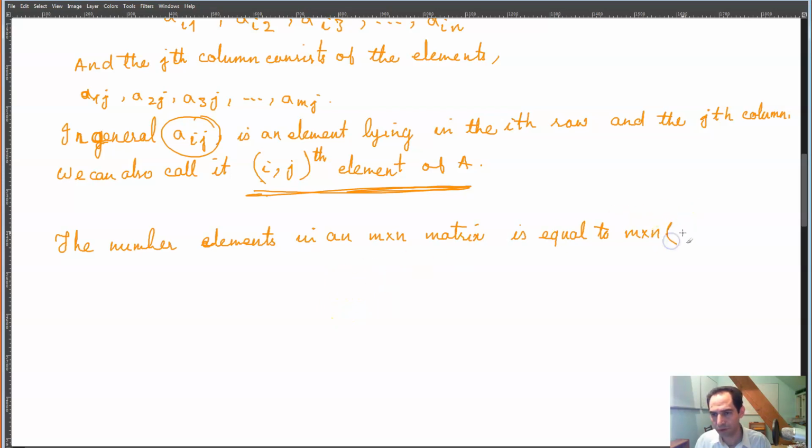Or you can say mn. In case you might confuse this with the matrix notation, just simply m times n.